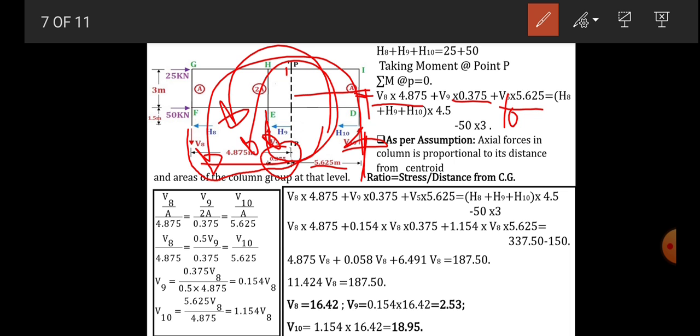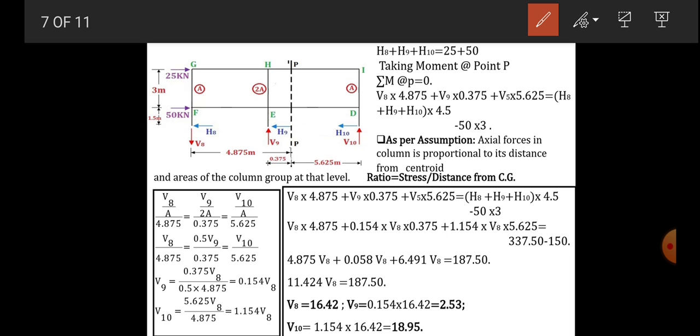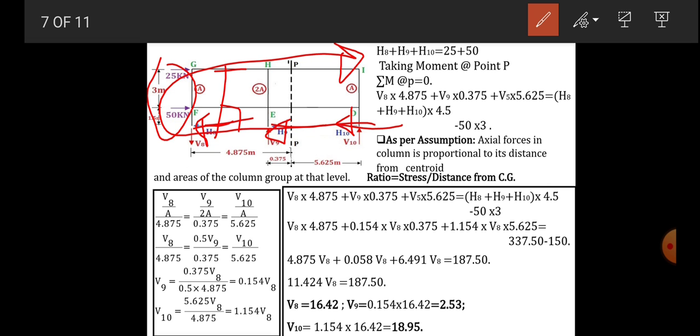And the next forces, horizontal forces. Now there are horizontal forces which are acting at the same level and toward the left-hand side. The perpendicular distance will be 1.5 plus 3, that is 4.5, and it will rotate about point P in a clockwise sense.